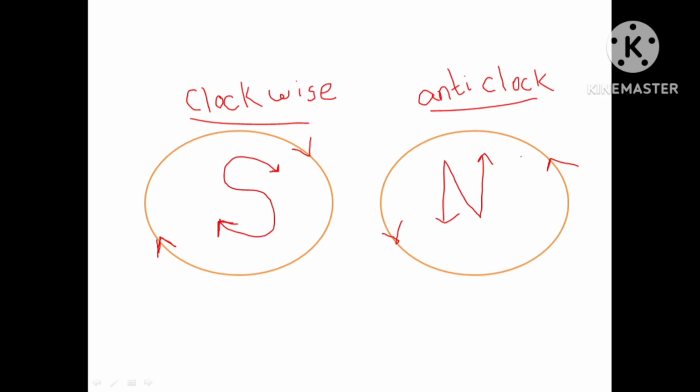So by looking at the coil and the movement of current, if it is clockwise, that side will be the south pole. If it is anti-clockwise, that side will be the north pole. That is the simple method by which you can know the polarity of the electromagnet.